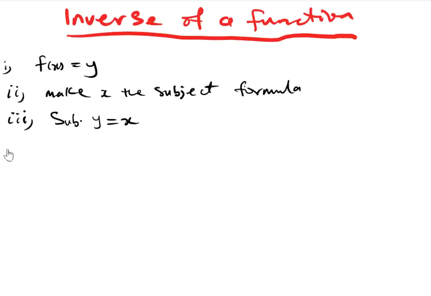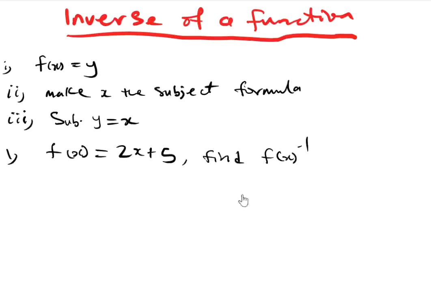Consider the following example. Example 1. If f of x is equal to 2x plus 5, then we should find f of x inverse. So remember the rule we stated. First of all, assume f of x to be y.